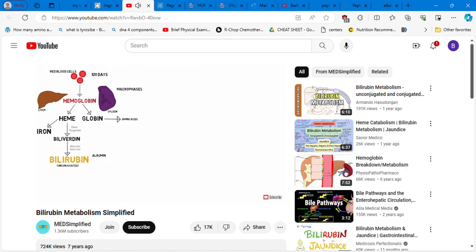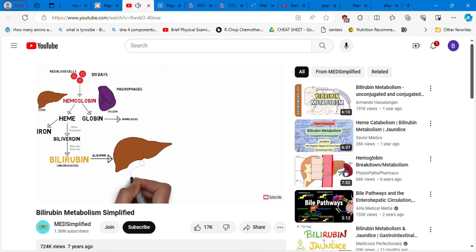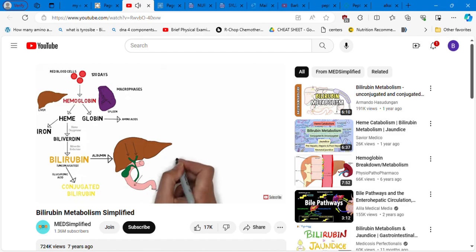So it requires albumin for its transport to the liver. In the liver, the bilirubin is converted into the conjugated form, which is the water-soluble form of the bilirubin. And this reaction takes place by the combination of glucuronic acid with unconjugated bilirubin. It is then transported through the biliary channels into the duodenum, and through the duodenum it reaches the colon.